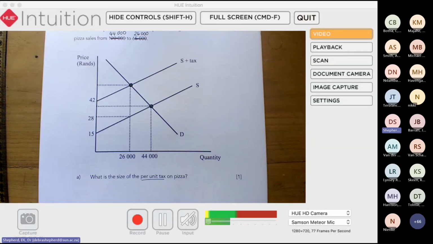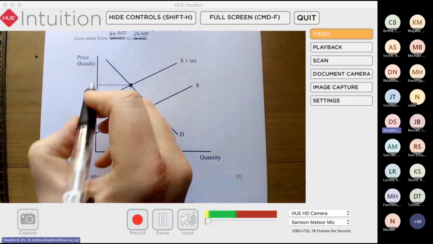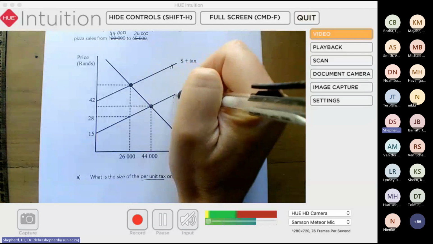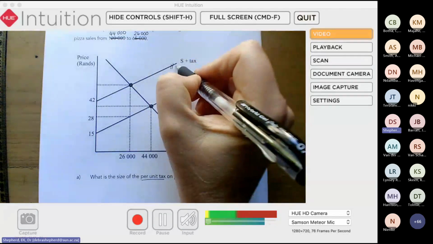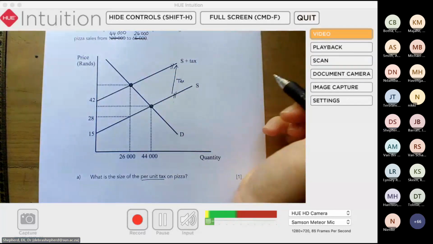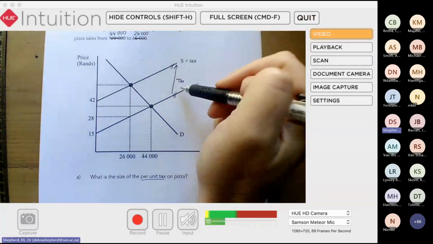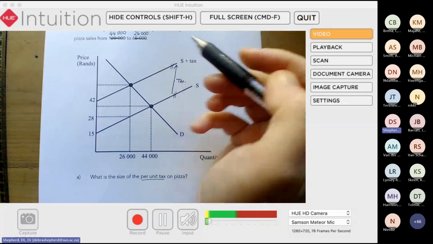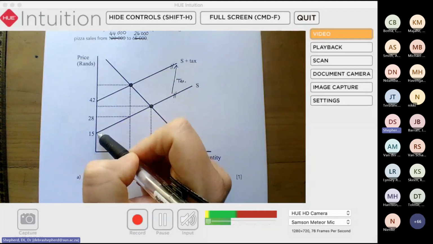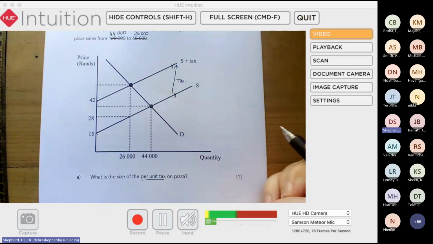So how do I identify the per unit tax? Remember, these two functions are parallel. And so the difference between them is the tax. So the vertical distance between these two functions is the per unit tax. And so if we look at the intercepts, the difference in the intercepts would reveal the tax to us.